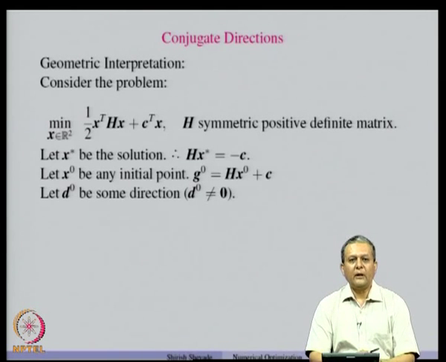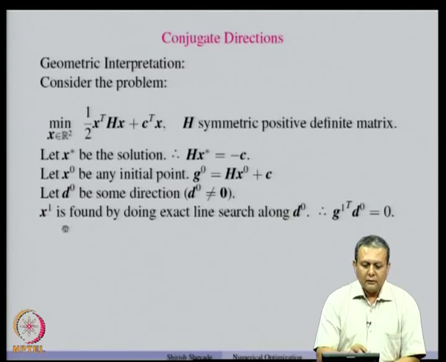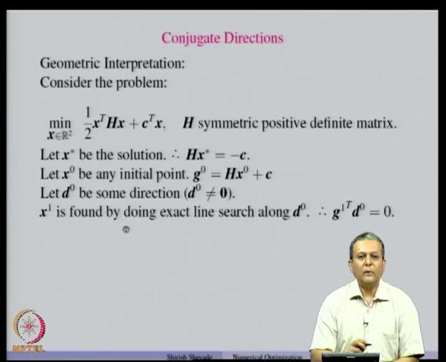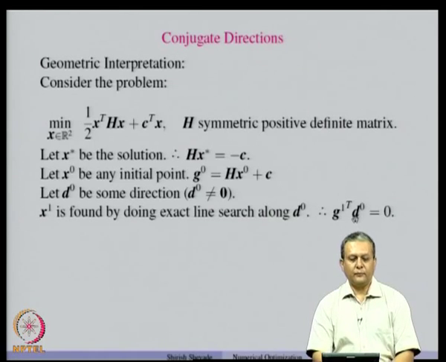That is the idea, and we want to see whether that direction is indeed an H conjugate direction or not. So, x1 is found by doing exact line search along d0, and we know that in such a case g1 transpose d0 is 0. The gradient at the point x1 is orthogonal to the direction d0.